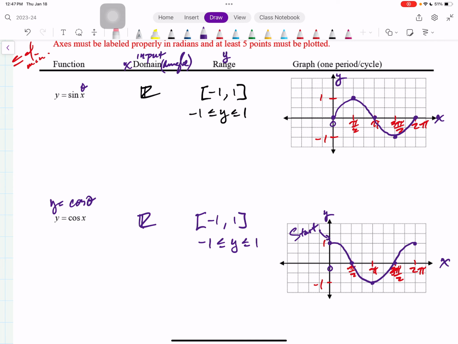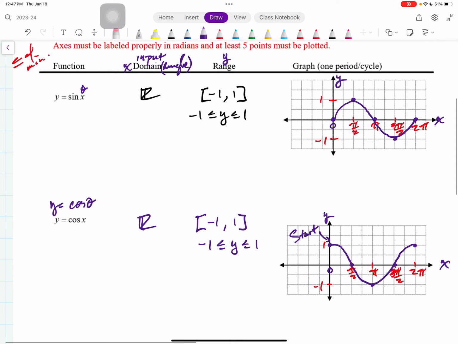And then other questions later on that you have to be good at is knowing where it's increasing and decreasing. So I'm just going to add to this just for funsies here. So from 0 to pi halves, the sine function is increasing. INC is increasing. And then it starts decreasing.